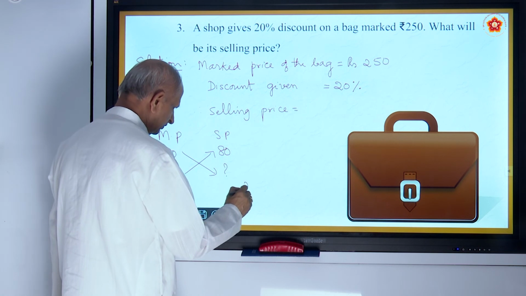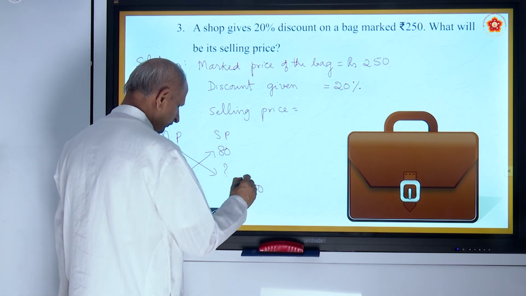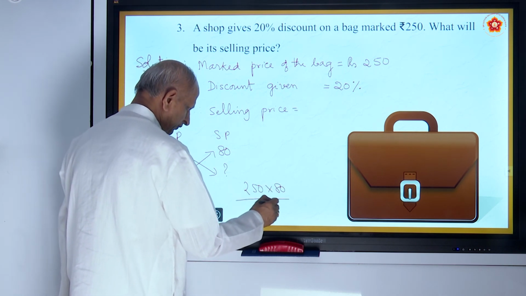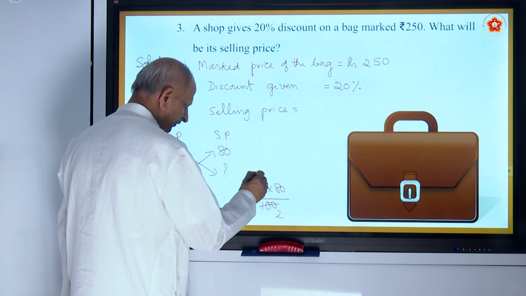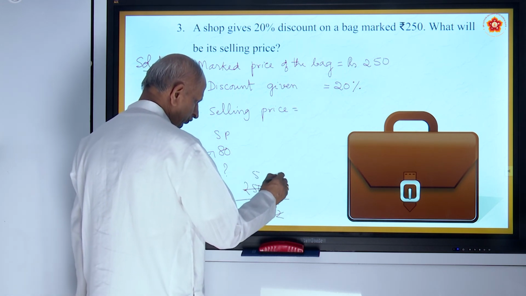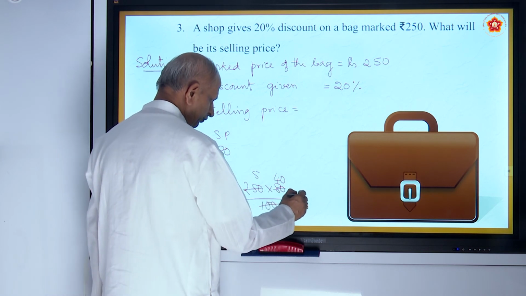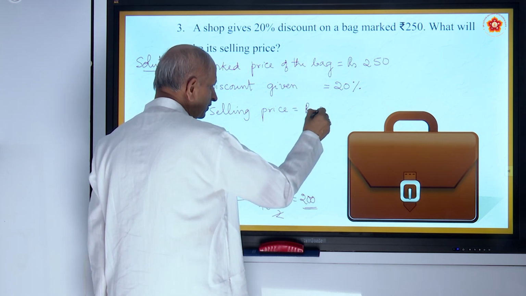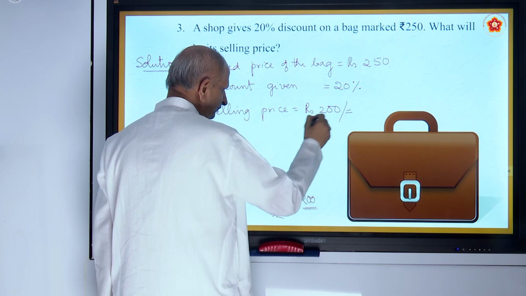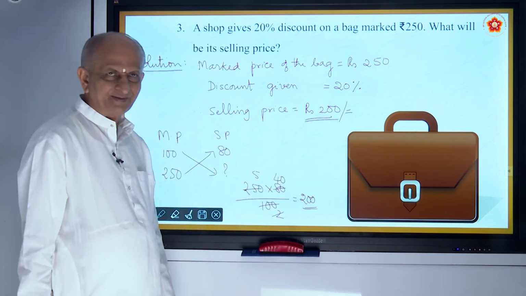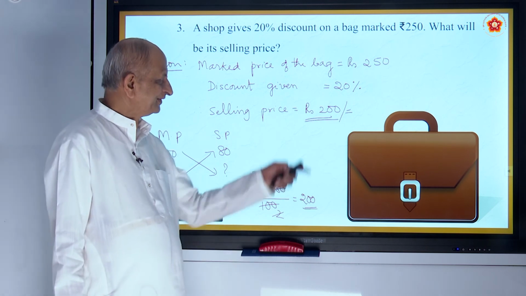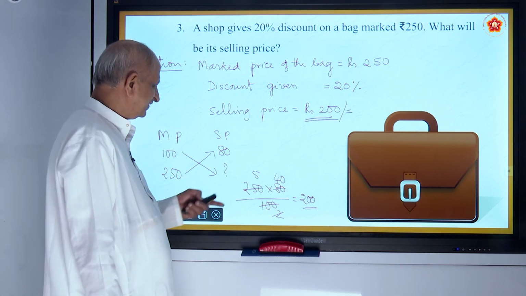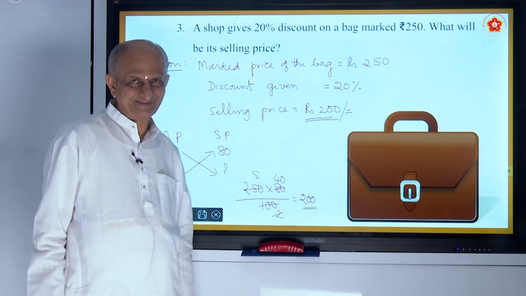This will be 250 into 80 by 100. 5 2s are 10, 5 5s are 25, 2 1s are 2, 40s are. So 40 into 5, 200 rupees. So cheap. So will you go for buying it? Okay, 20% reduction is a very good business. So whenever there is reduction, you must be careful about the quality of the bag.